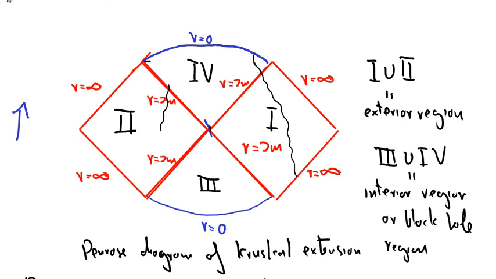Then once an observer enters region 4, he cannot leave region 4, and in fact he will hit the singularity no matter what he does. So this singularity cannot be avoided, and the observer will get destroyed by the singularity. This is only by looking at the Penrose diagram, okay.